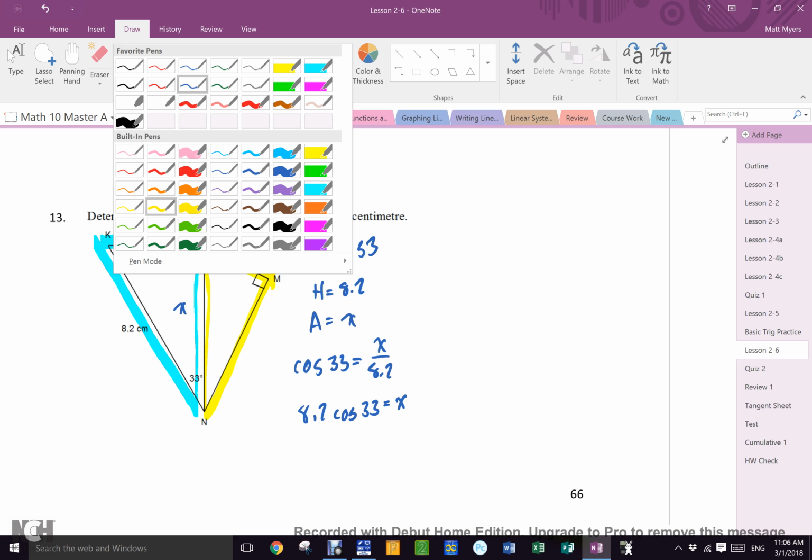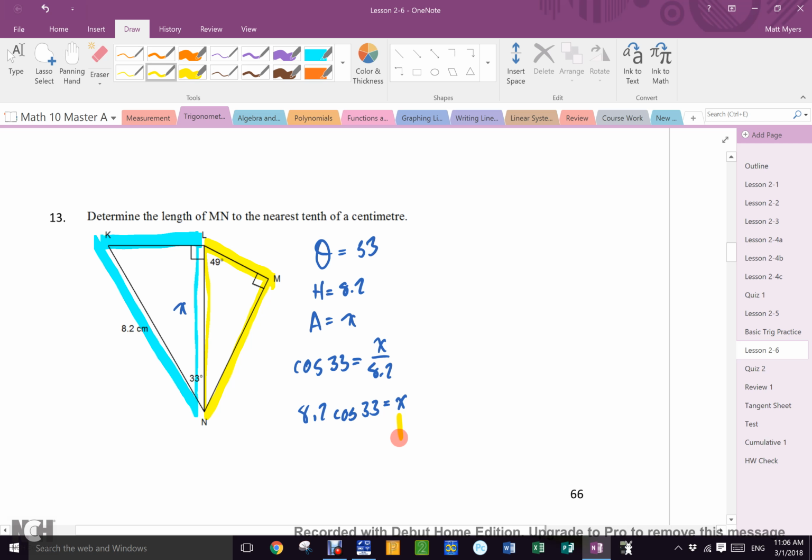Now that x in my yellow triangle is really a hypotenuse, isn't it? So if I look at my yellow triangle, do I have a theta? What is it? 49. And I know my hypotenuse is 8.2 cos 33. And I need, what's this side in my yellow triangle?